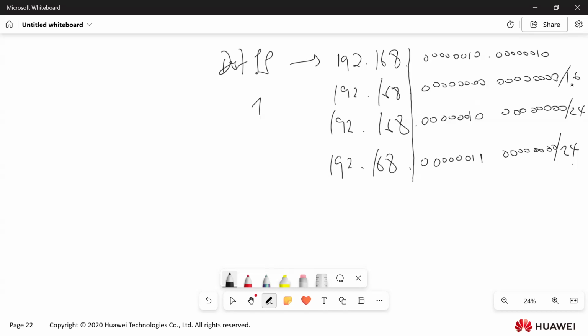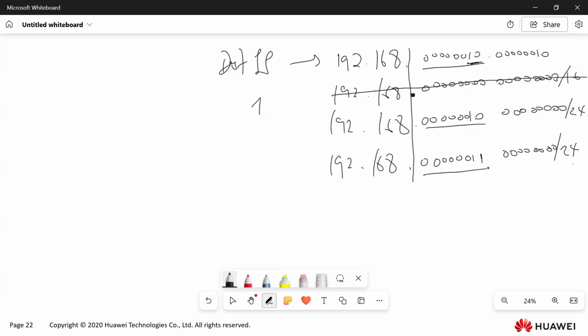This one is /16. Right, but the longest match here: the /16 one, we can eliminate it, because the matching portion stops here, but we can see our matching portion here is still there. Once it passes /16, it has matched many more bits, so that one cannot be the longest match. If we take a look at this one, it matches this whole octet with the destination.